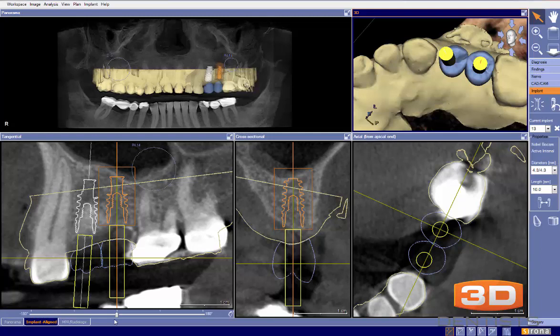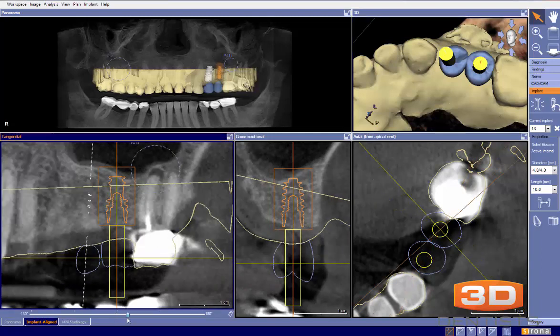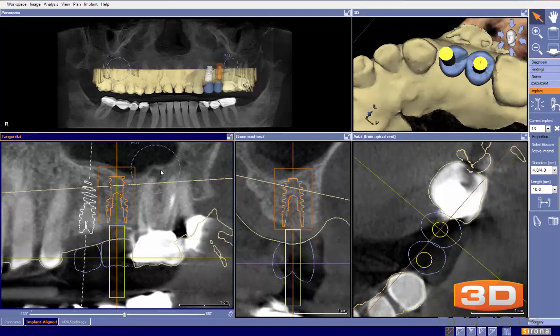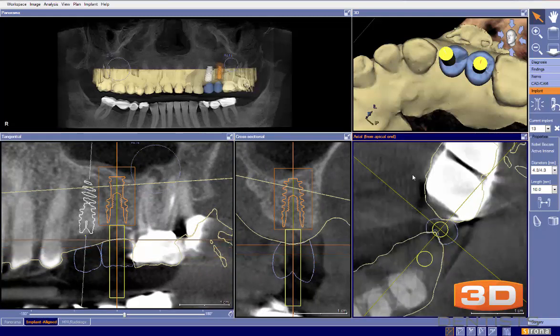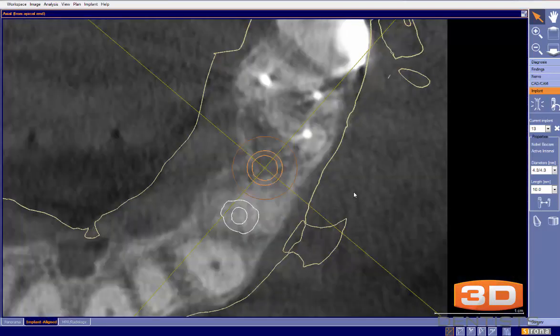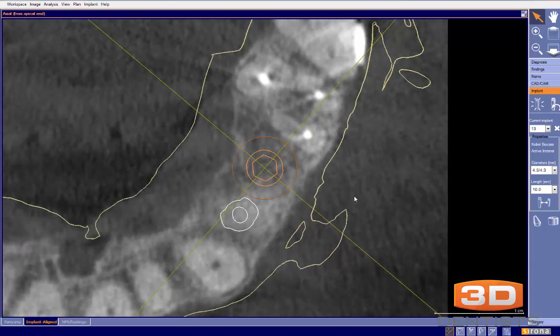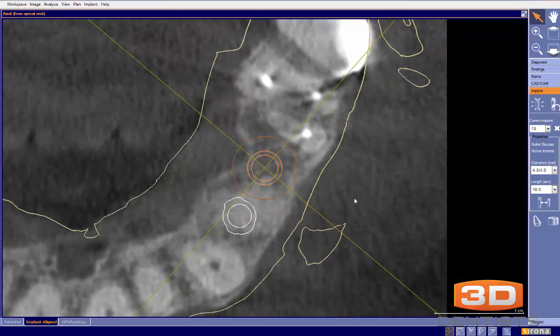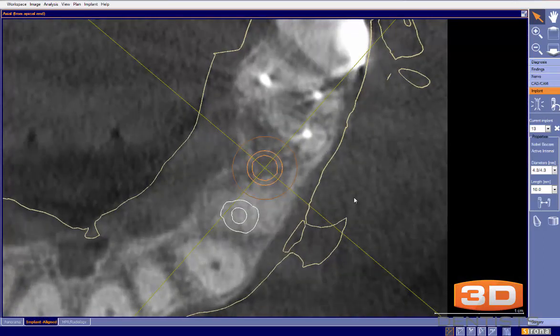I do have a concern about possibly placing the implant with maybe a residual infection, missed MB2, any number of things that could possibly be going on here on 14. In fact, let's take a closer look in the axial view here on 14, and I would probably say that right here I'm seeing a mesiobuccal 2 canal there.